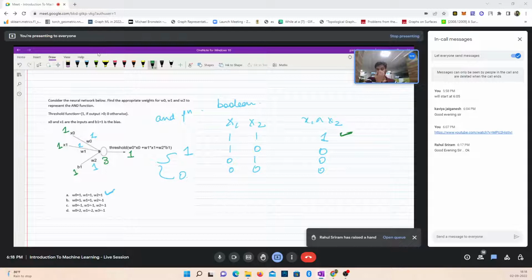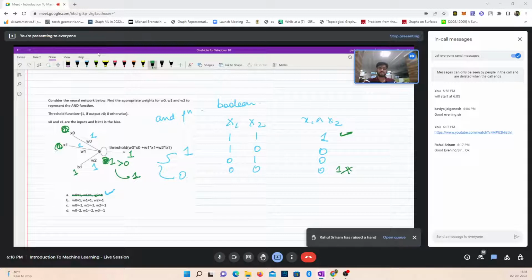Now for the 0, 0 case, you will get 0 over here, 0 here and 1 here. So 0 times 1 plus 0 times 1 is 0, plus 1 times 1 you will get again 1. So this value is 1 and 1 is greater than 0. So the output you should get via this is again 1, which is not correct. So this option is not correct for us.